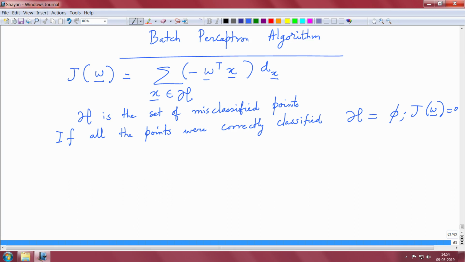Now, what we do is the following: we take the gradient of this cost function.